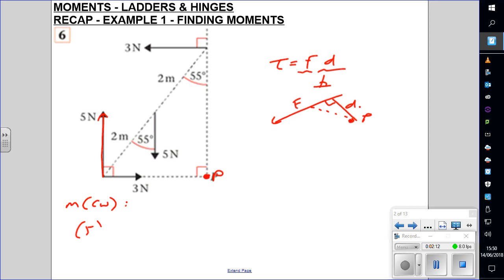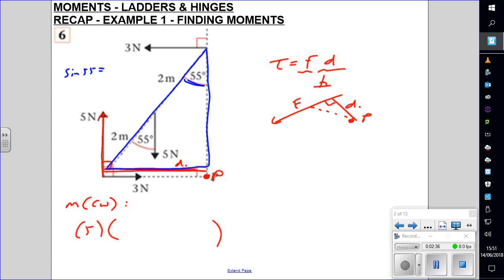So we immediately write force, and then we need to decide what's this big distance here. That's the perpendicular, isn't it? How do we find that? Well, I can see a big triangle here screaming out at me. The distance I'm looking for, D, can come from sine, because it's opposite this angle given.